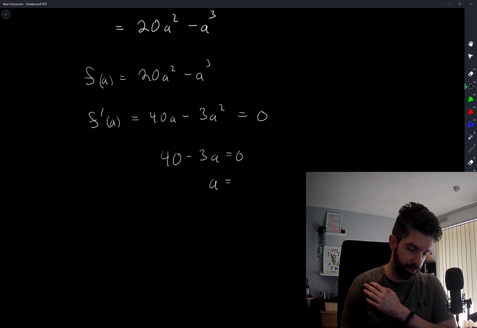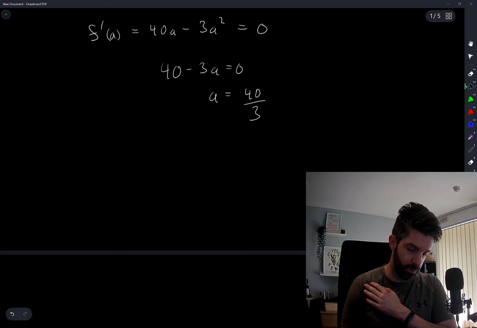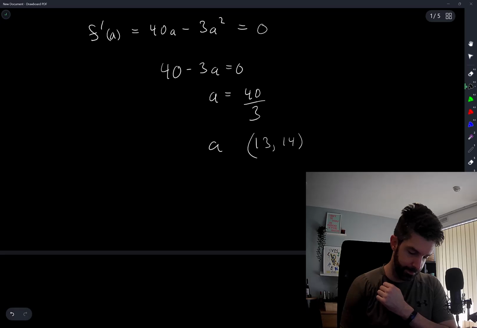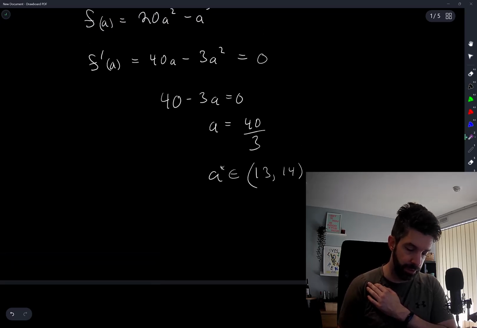So a is equal to 40 over 3, which is somewhere between 13 and 14. So the value of a for which this turns around is between 13 and 14.